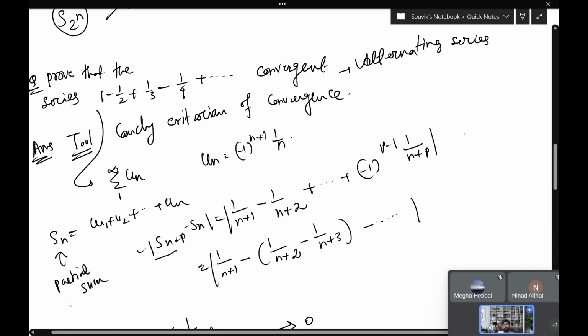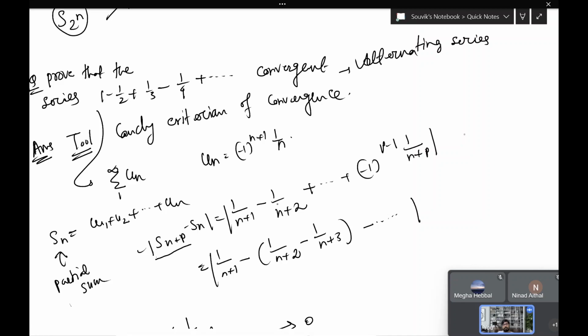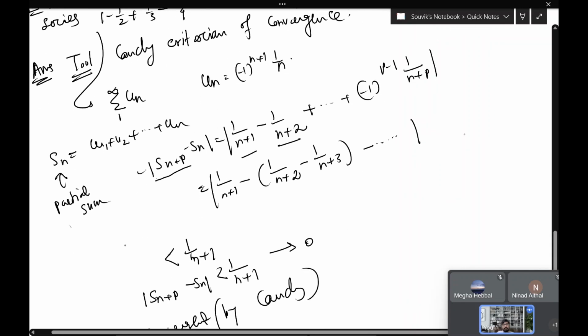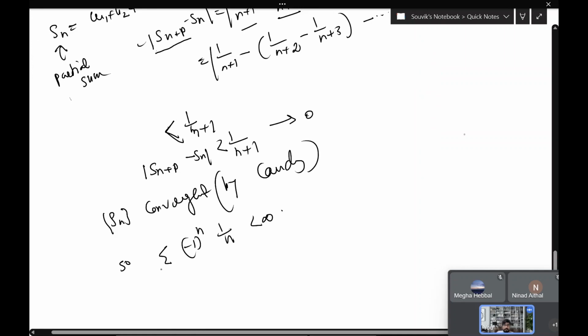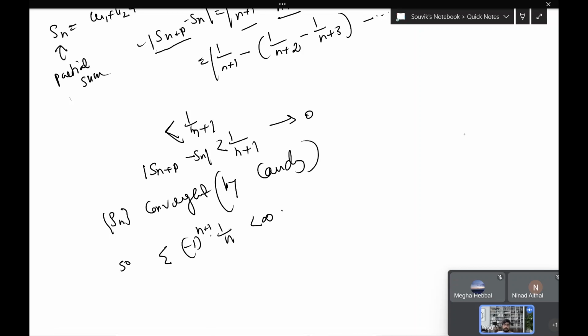That is, we are looking at the absolute value of Sn plus p minus Sn, which is equal to mod of 1 by n plus 1 minus 1 by n plus 2 plus dot dot minus 1 to the power p minus 1, 1 by n plus p, which is equal to mod of 1 by n plus 1 minus 1 by n plus 2 minus 1 by n plus 3 minus dot dot dot. And we get that this is less than 1 by n plus 1, and this converges to 0. So by Cauchy criteria, this series minus 1 to the n plus 1 is convergent.